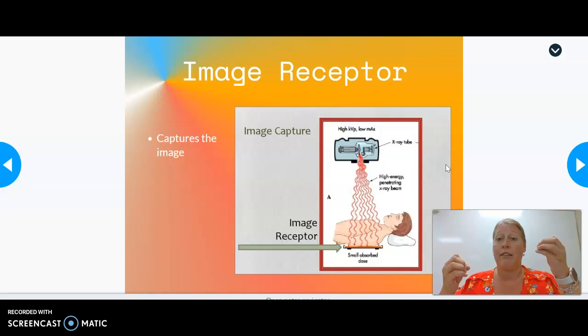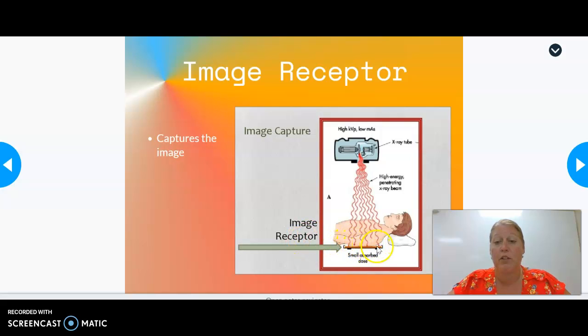The cathode is negative, the anode is positive, and it's attracting those electrons over. So then with that, we have our 99% heat and 1% X-ray that is coming out of the tube right here, and our X-ray photon beam. So now it went from electrons to a photon beam. And then it's going to go to our image receptor.